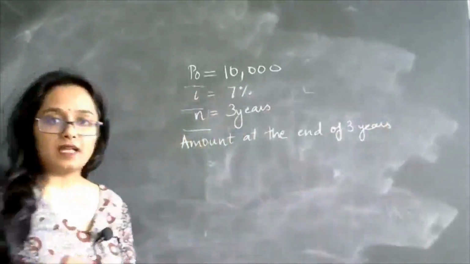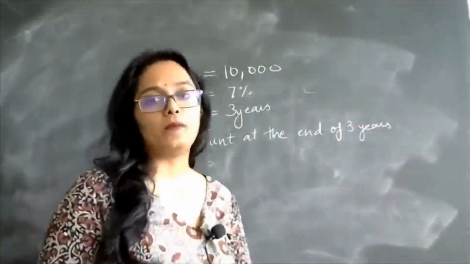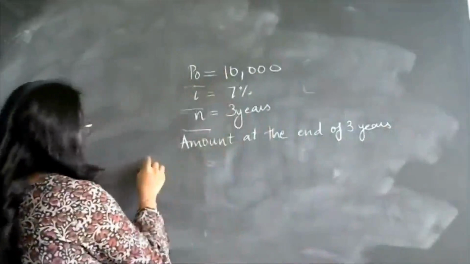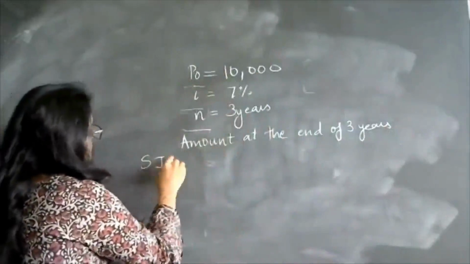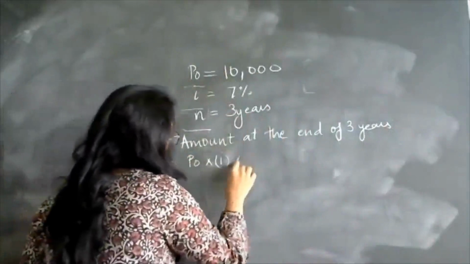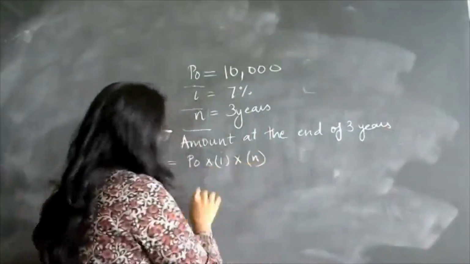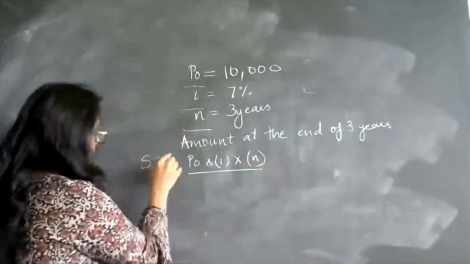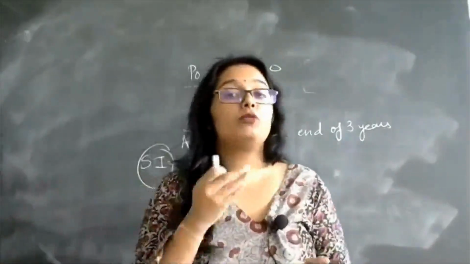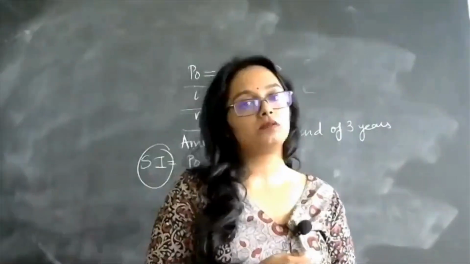In the last class, I told you the formula for simple interest. The formula for simple interest was basically simple interest is equal to principal amount into interest rate into the number of years. Now this is the interest which you are going to get at the end of the 3 years. But what is going to be your total amount?